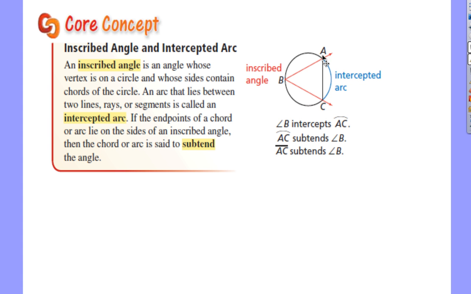Since the intercepted arc has endpoints of A and C, and this chord has endpoints of A and C, we would say that arc AC subtends angle B, and that chord AC subtends angle B. That just means that it has the endpoints at those particular intersections of the angle and the circle.